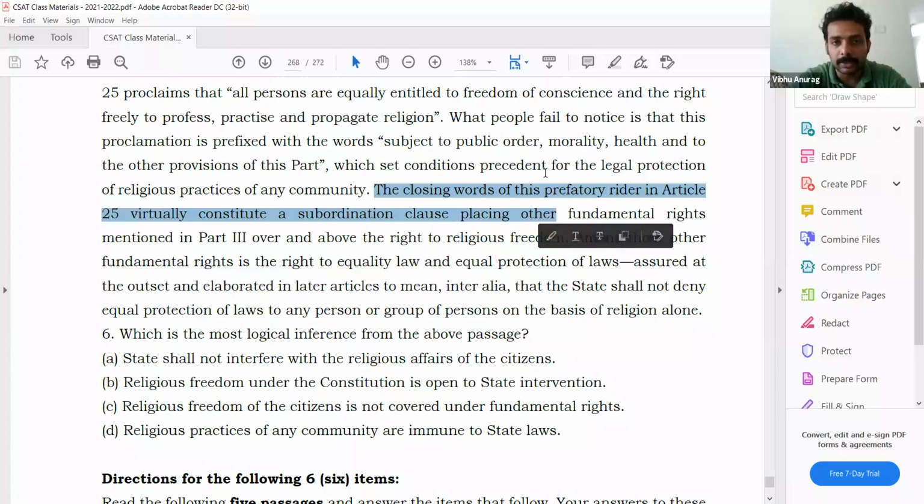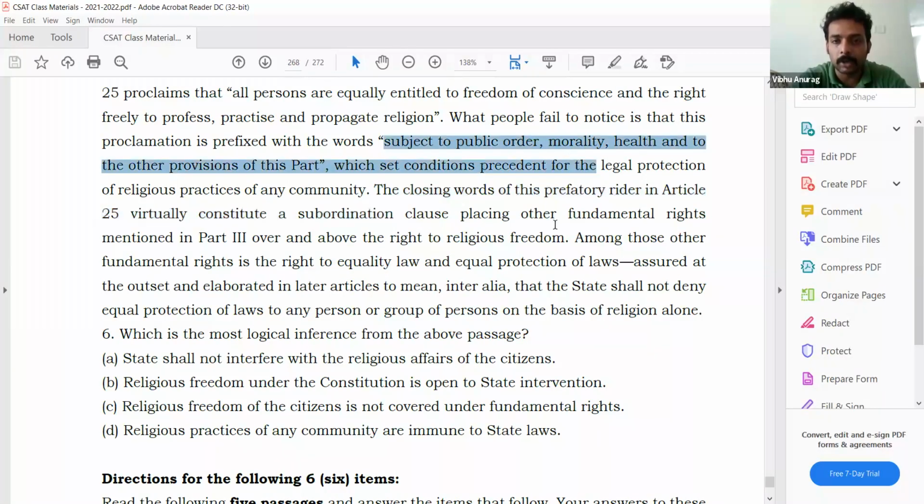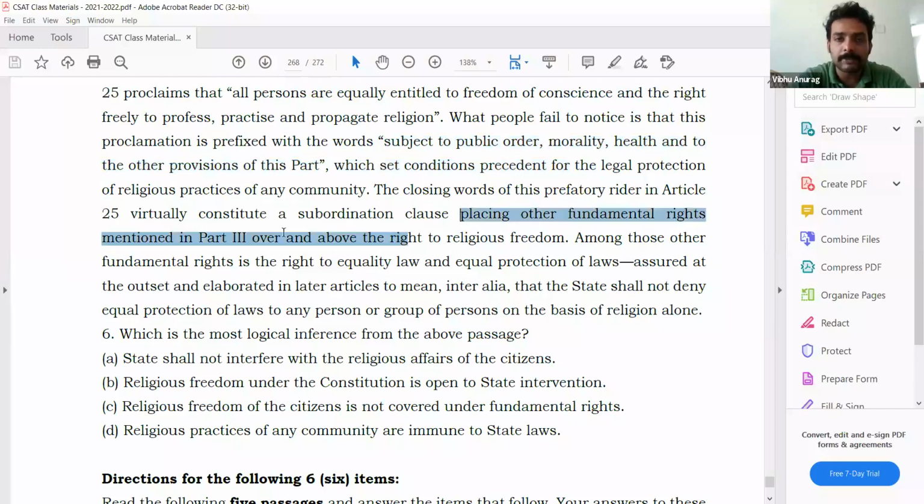So this part, subject to public order, forms a subordination clause, placing other fundamental rights mentioned in part 3 over and above the right to religious freedom. So other rights gain prominence over this right. So this right is a fundamental right subject to the maintenance of the others.